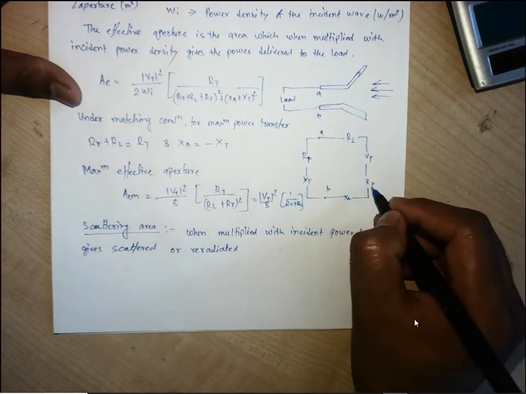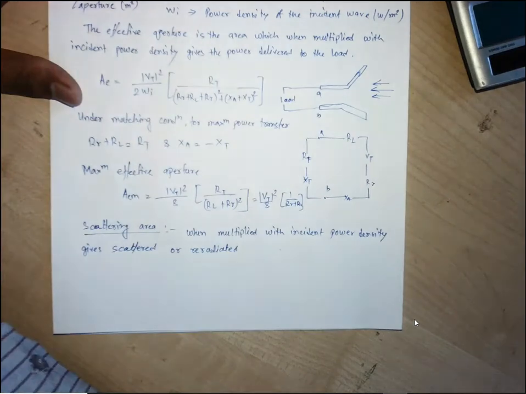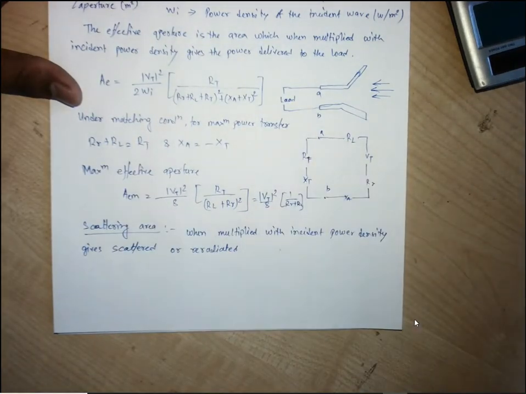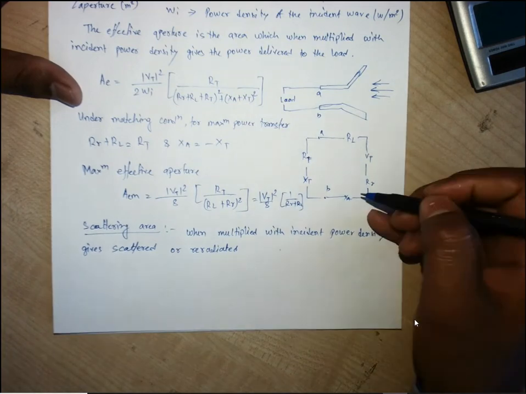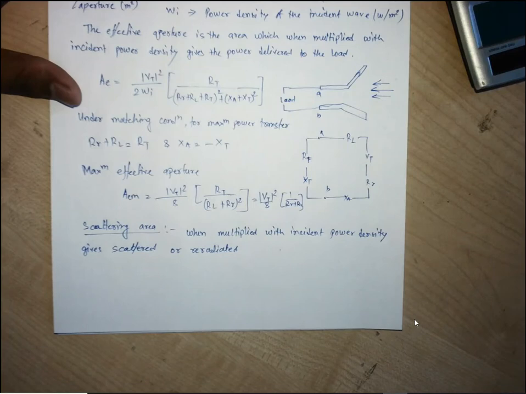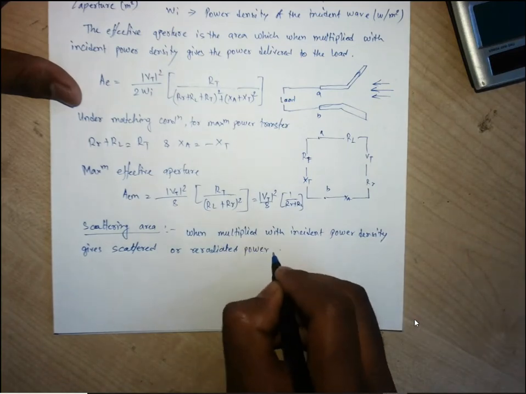This RR is radiation. Now, when this antenna is acting as a receiver, this resistance will again radiate power. It means some radiated power is absorbed or captured by the antenna, but this resistance will again radiate that power. That is what is known as re-radiated power.